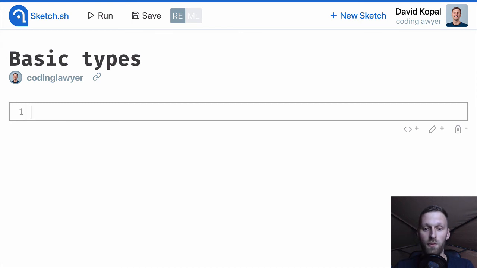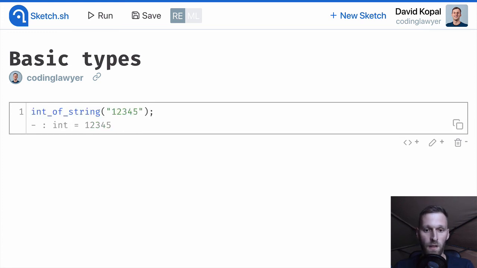So let's first convert a string to an integer. Because we want to convert a string to an integer, we first write int, then of, and then string. And we successfully converted our string to an integer.